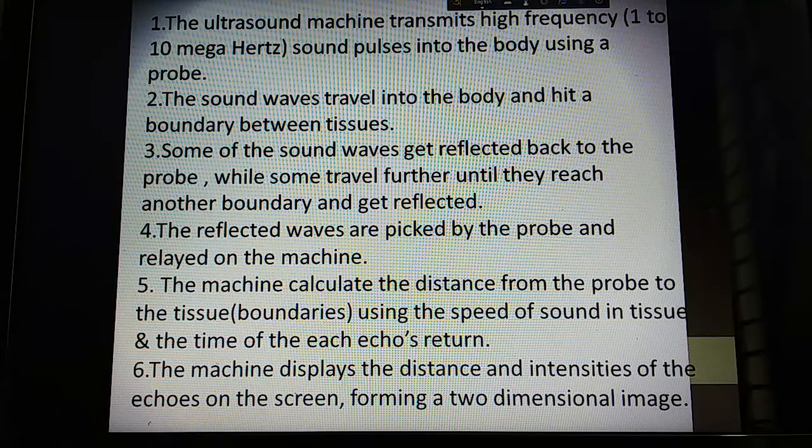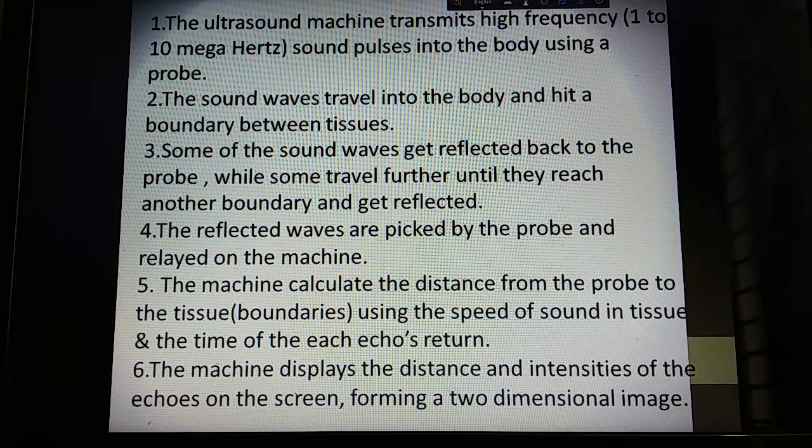The machine calculates the distance from the probe to the tissue. By tissue, we mean the boundaries due to which the sound gets reflected. The machine calculates the distance using the speed of sound in tissue and the time of each echo's return.